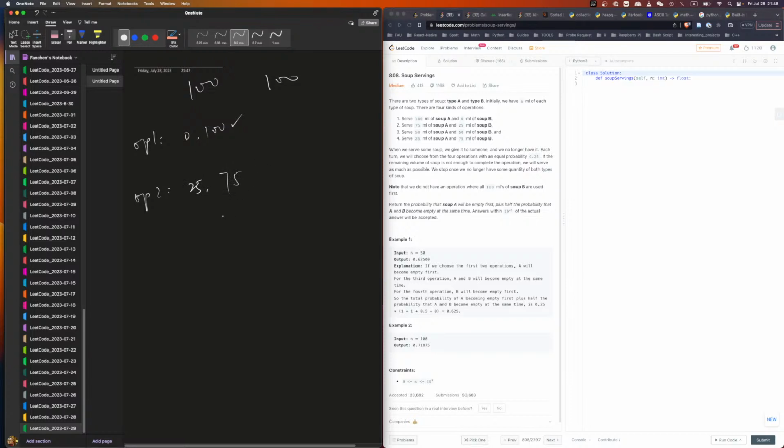Okay. And then we can take option 1, then we're left with 0, 75. Very good. Or we can take option 2, then we're left with 75, right? So option 2 is also good, right? We can take option 3, is also good.